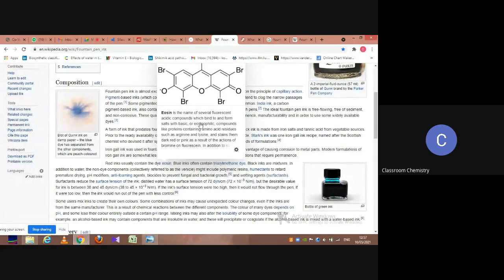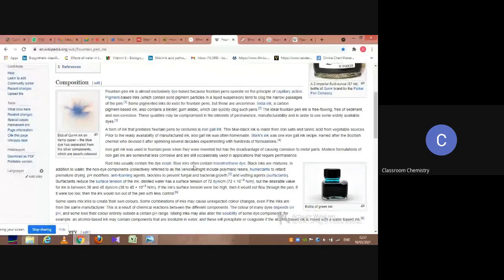Okay, you can see the structure. The blue ink often contains triarylmethane dye. Okay, so triaryl means there will be 3 benzene rings, methane groups. Okay, and this is a synthetic organic compound containing triphenylmethane backbone. त्याच्यामध्ये 3 benzene rings methane group असा असेल.